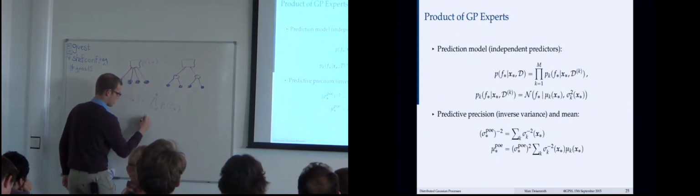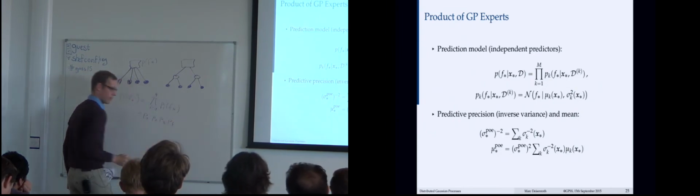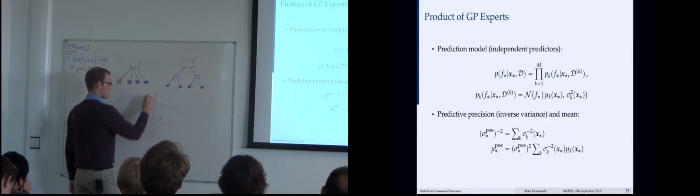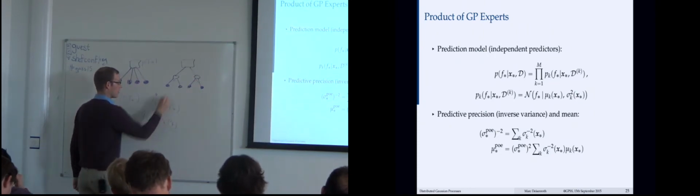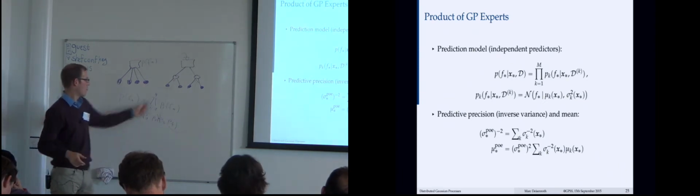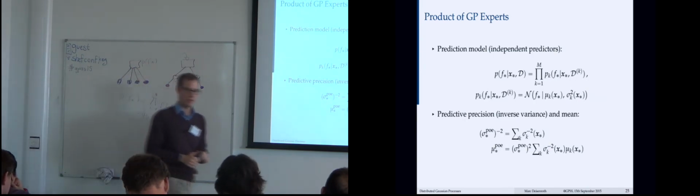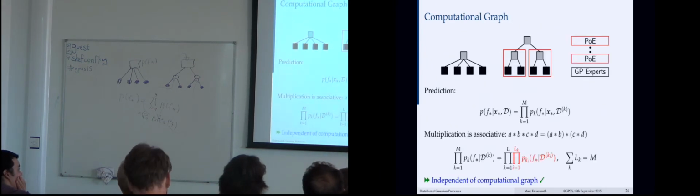So we can write this as p1 times p2 times p3 times p4. And we can bracket them, push this to here, push this to here, and that product ends up over here. That means this particular model is independent of the computational graph. These are the corresponding equations, but I think that picture is maybe a bit easier.